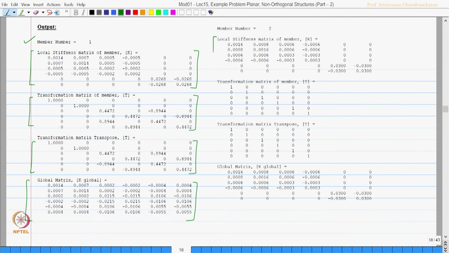Similarly, we get the local matrix and transformation matrix for member 2. There is a multiplier E here, and again in K bar. So this is K bar AB and this is K bar BC.